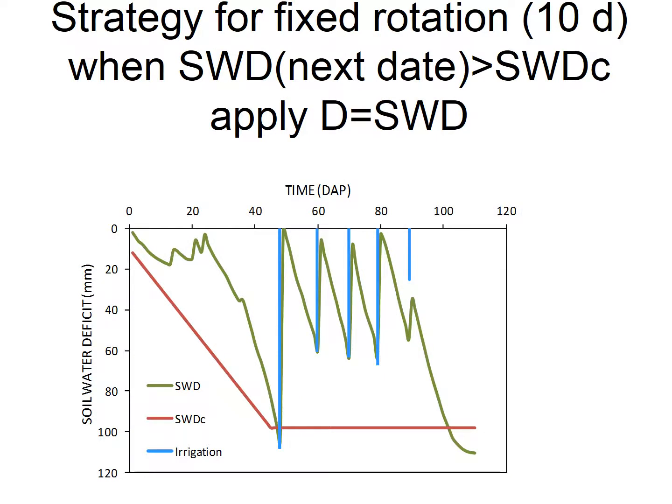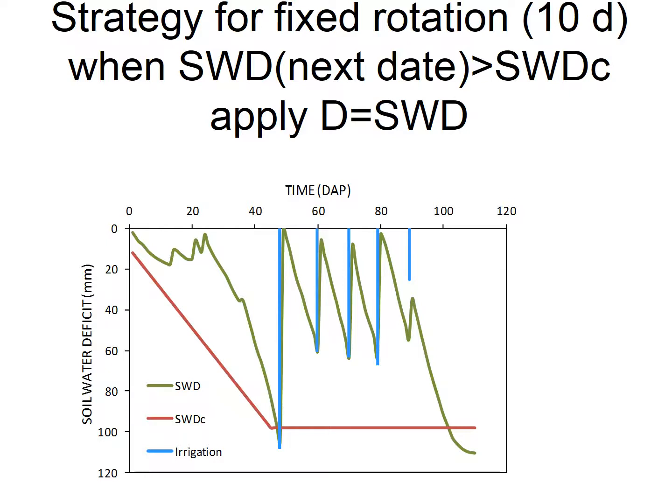In this strategy, we are dealing with a fixed rotation of 10 days. In this case, the rule is to irrigate when the soil water deficit for the next possible irrigation date exceeds the critical soil water deficit, and in that case we apply an amount equal to the soil water deficit.